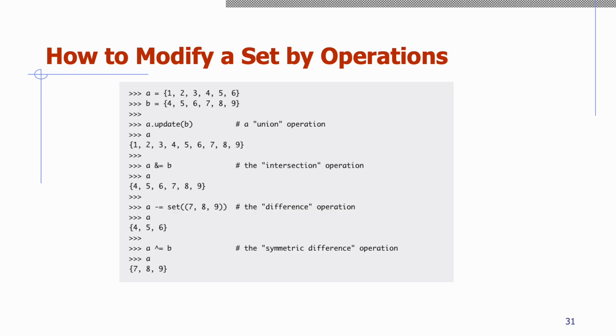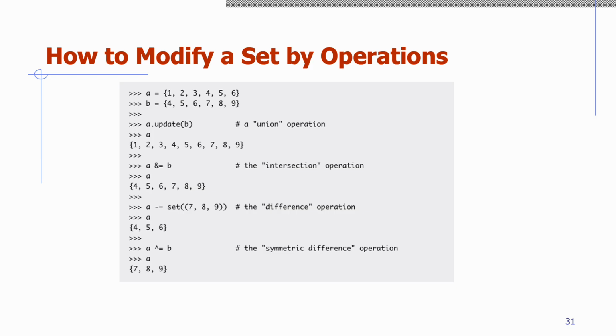Here are some examples of operations that we can use to modify sets. Here we have two sets, A and B, and we want to apply the update method to A with the dot operation, and it takes B inside the parentheses.